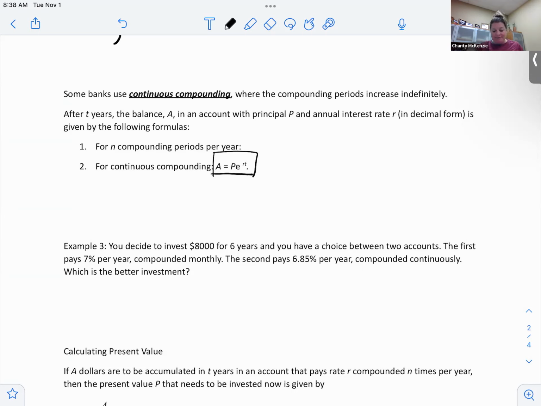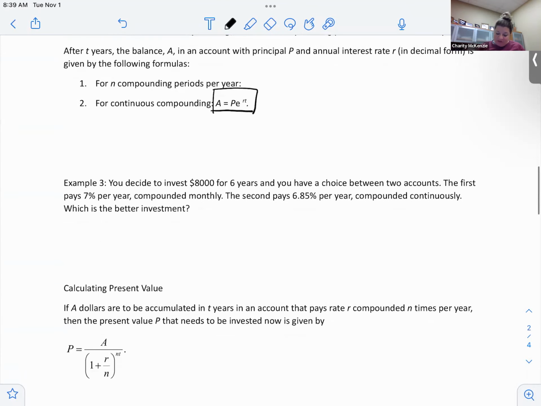You can put in e to the 1, and you can see e is just like pi. It's like 2.71828. So it's just a number that is estimating that compounding continuously all the time.